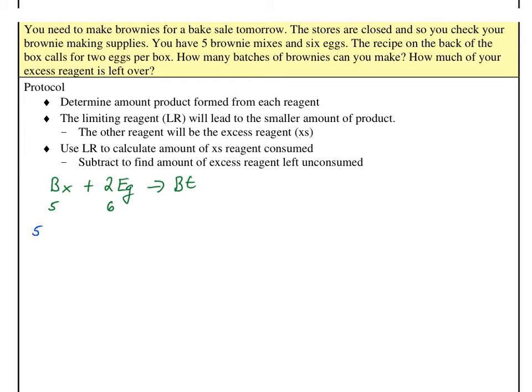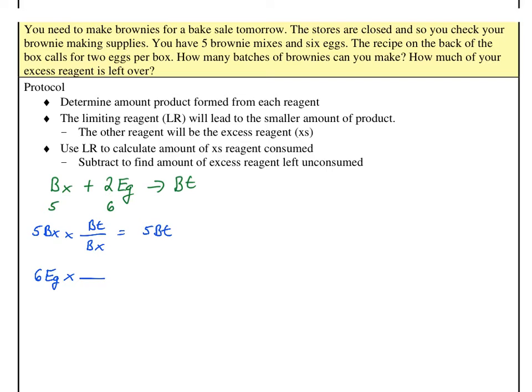In the first case, we have 5 boxes. Our balanced equation tells us every box is going to lead to the production of a batch. So if all the boxes were used up, we would have 5 batches. Now let's look at the eggs. We started with 6 eggs.